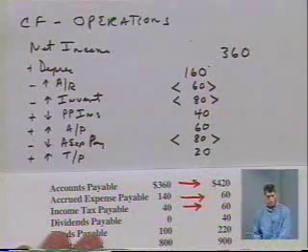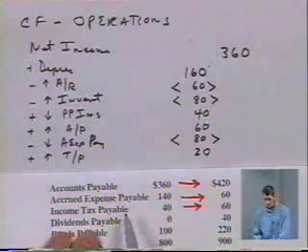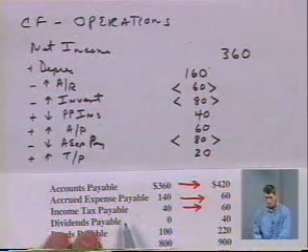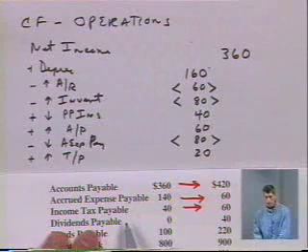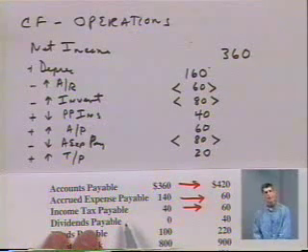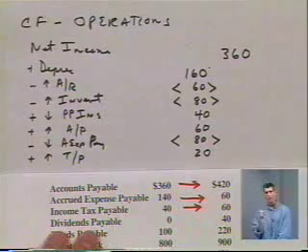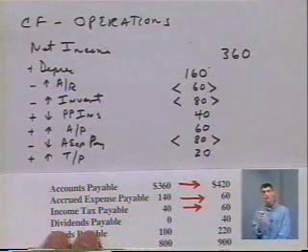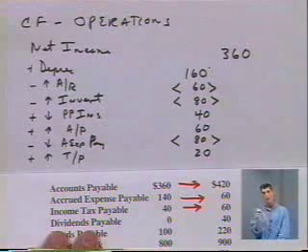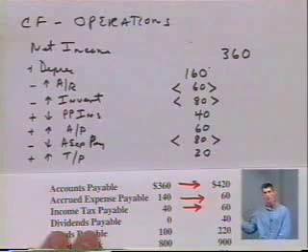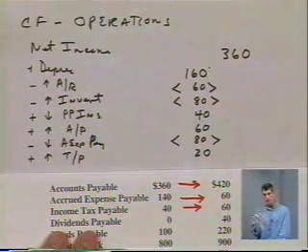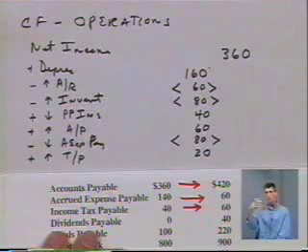Now, the next current liability is dividends payable. But remember, dividends do not appear on the income statement. Dividends are not an expense for tax purposes, hence they are not an expense for GAAP purposes. They only appear in retained earnings. Hence, in the cash flow statement, since it does not affect net income, it can't be added back to or subtracted from net income.